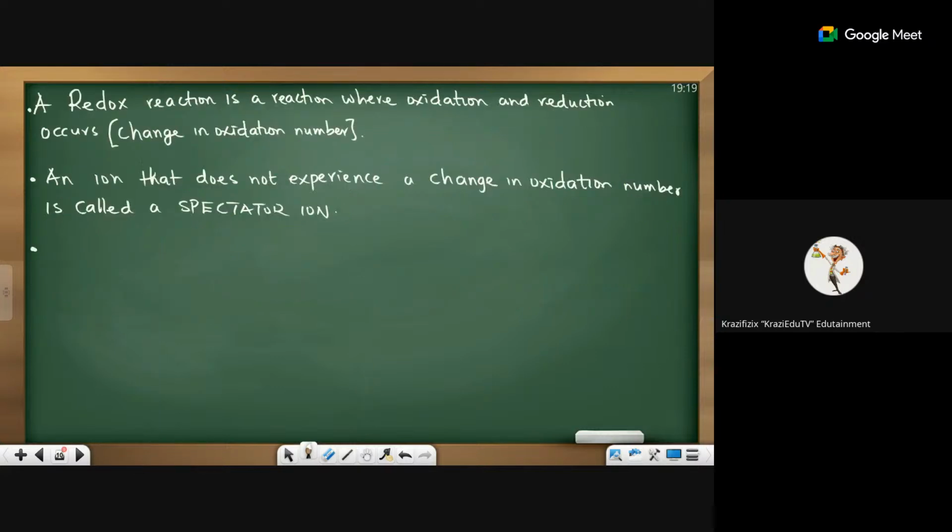What is an oxidizing agent? Something that causes another compound to be oxidized, right? So we say this substance gains electrons.